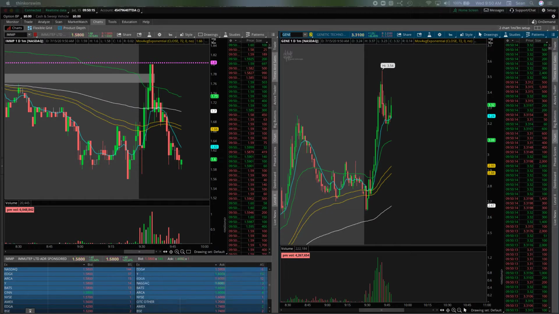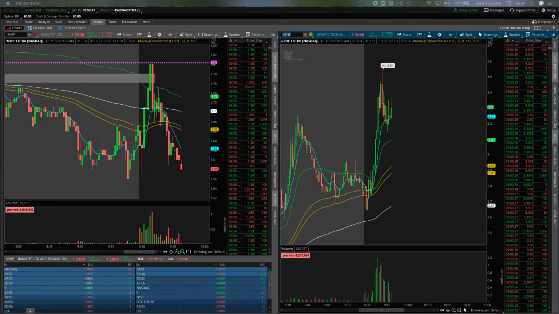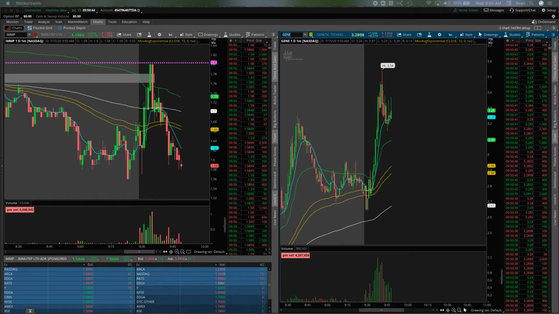In holding pre-market high, 325 support, Apple curling, a feeler here on Gene.